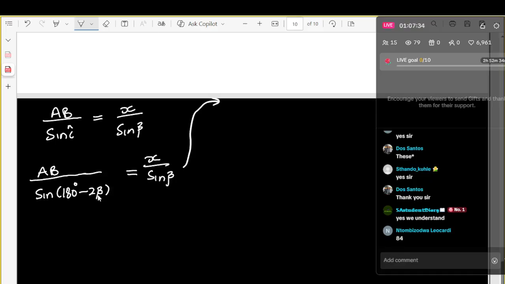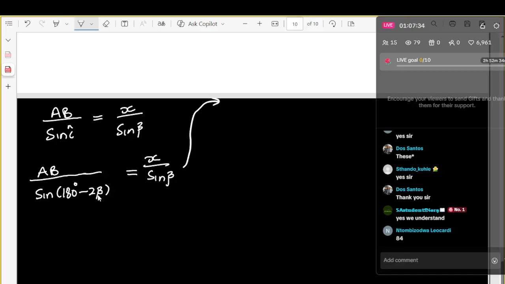AB will be equal to x sine 2 beta, all divided by sine beta. So now we know what AB equals, but let's try to simplify this further. I think we can simplify this.